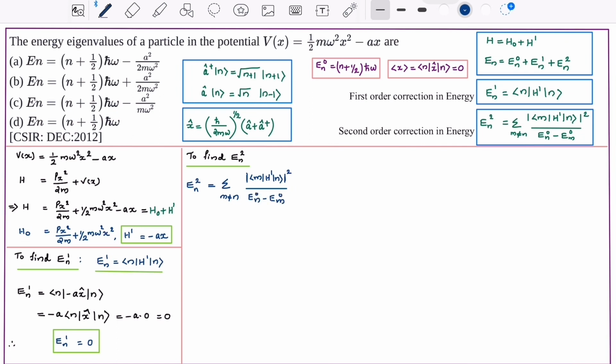Now let us substitute the value of H dash in this equation, so that the second order correction in energy is equal to the sum over m not equal to n, <m|minus ax|n> whole square divided by En0 minus Em0.